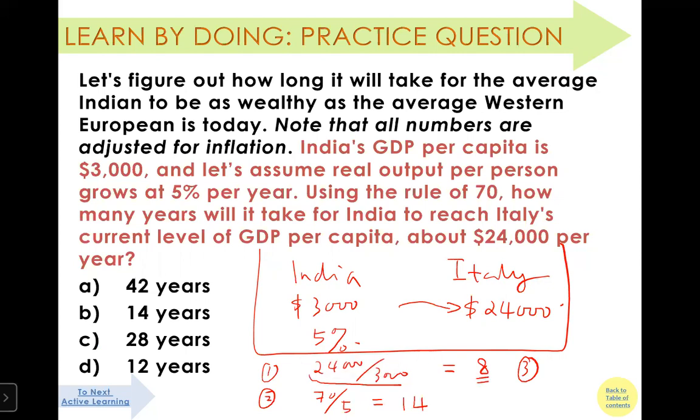In order to increase income by 8-fold, how many times do you need to double your income? You need to double 3 times, because 2 raised to the power of 3 equals 8. So 14 times 3 gives you 42 years.